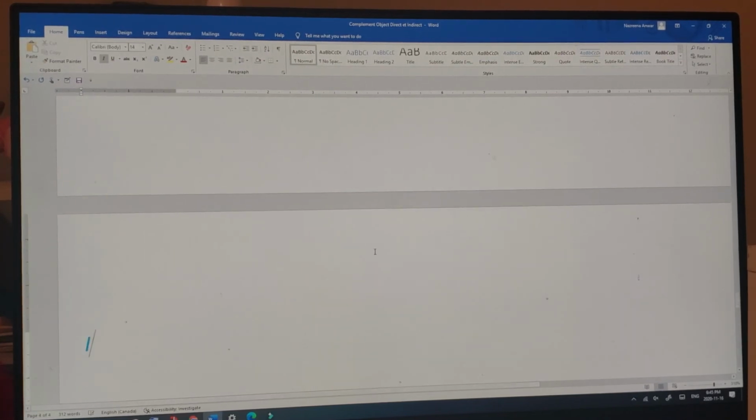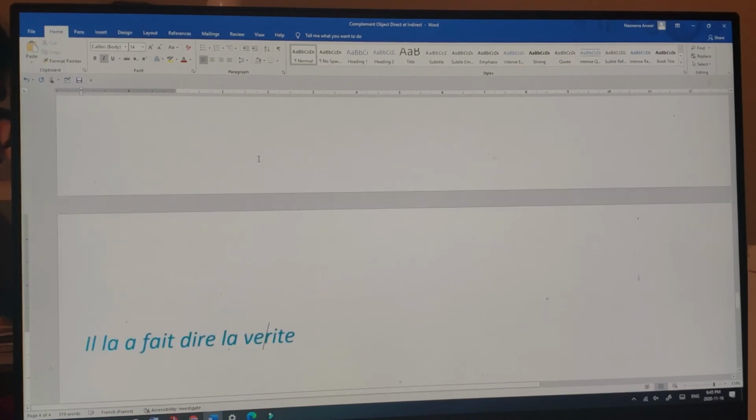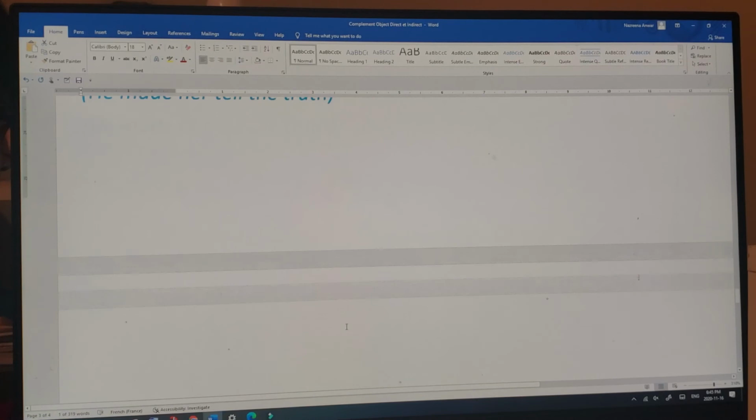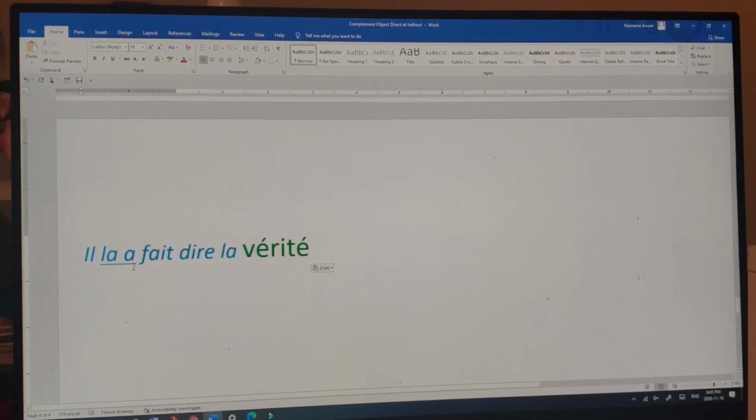If we dissect the sentence, il l'a fait dire la vérité. I am not using the same because my keyboard is actually an English keyboard and it's horrendous trying to figure out the shortcuts. Il l'a fait dire la vérité.